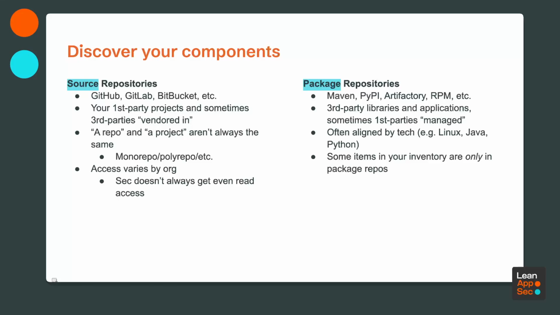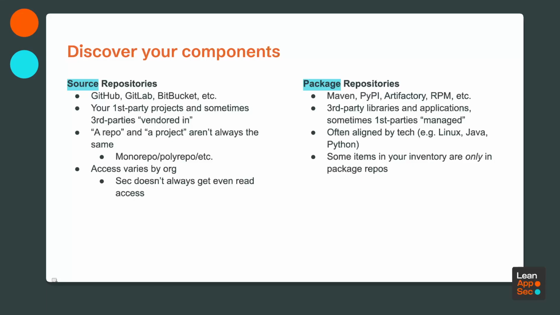So ideally, when you're building an inventory and doing your component discovery, you want to scan through these source repositories, but you may not already have the access. You may need the participation of a DevOps team or a development team, or more than one in some cases.